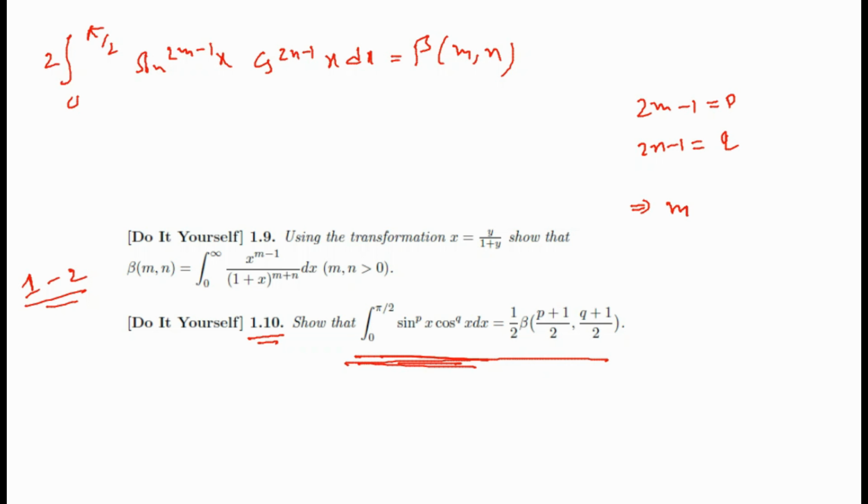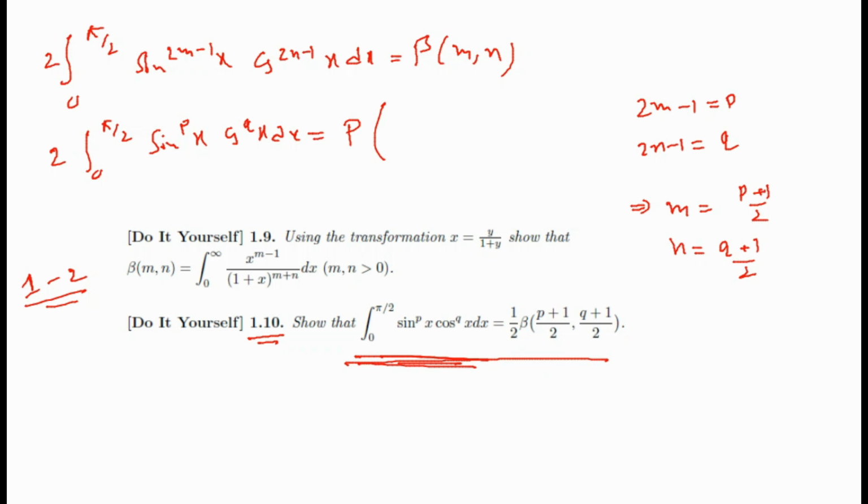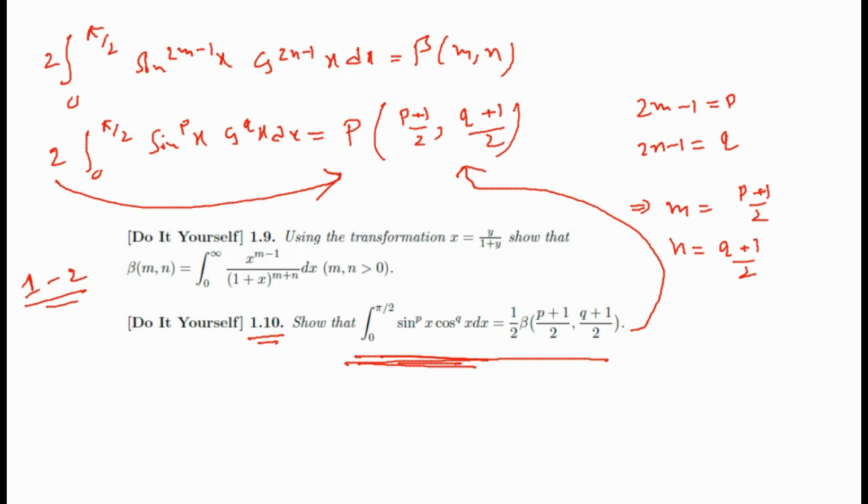That means m equals (p plus 1) by 2, n equals (q plus 1) by 2, and ultimately you will get 2 integral from 0 to pi by 2 of sine^p x cos^q x dx equal to beta((p plus 1) by 2, (q plus 1) by 2), and you will get this result by dividing by 2.